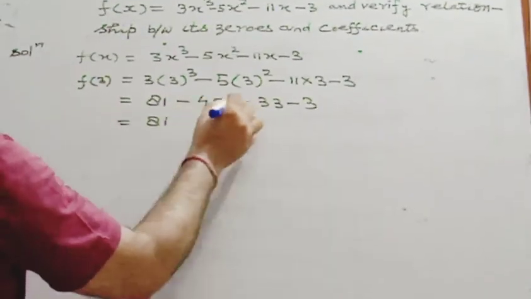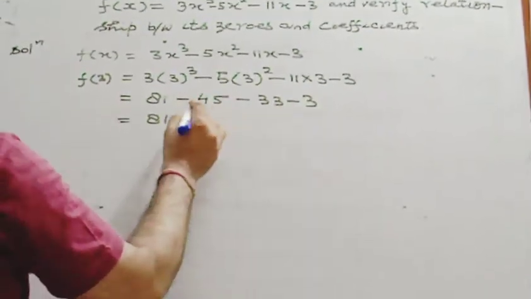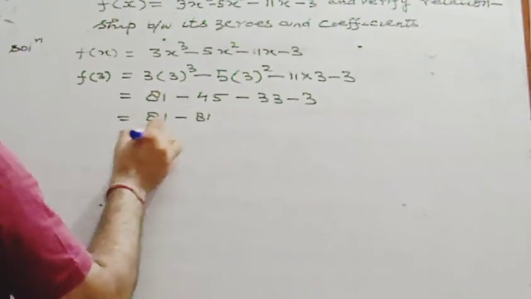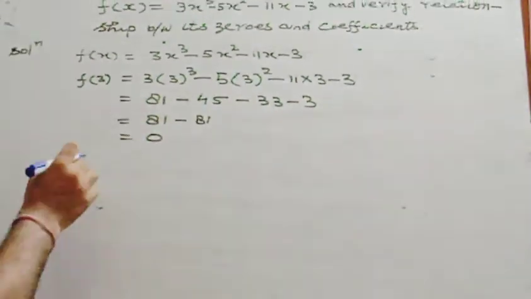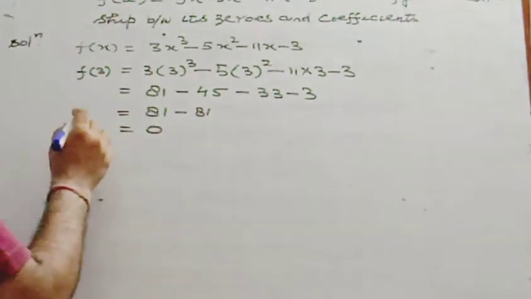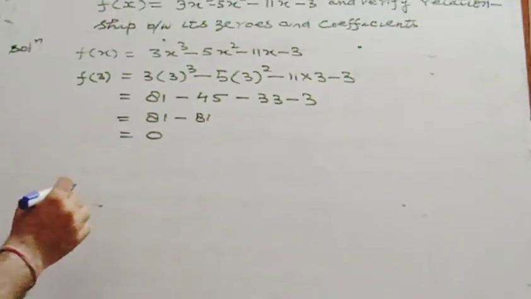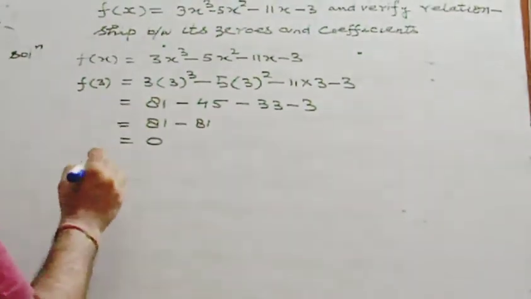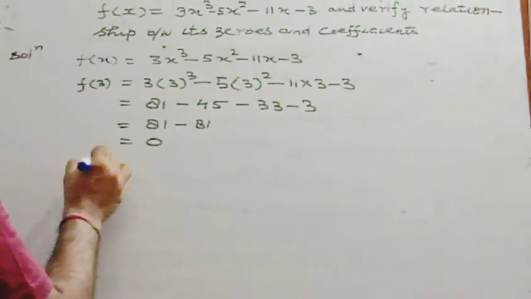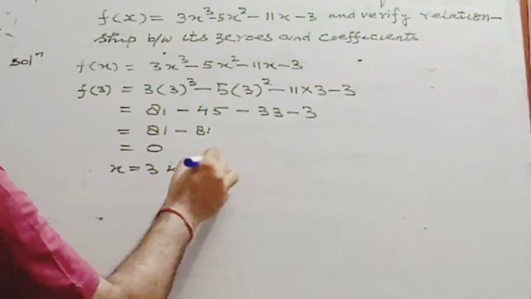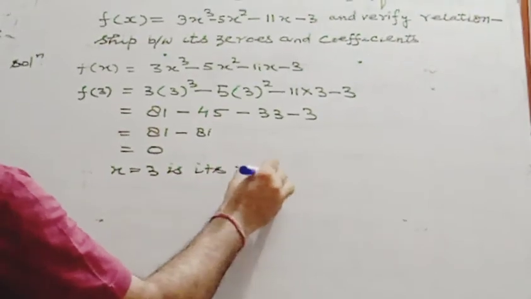All these are minus numbers, so we add them together, it is 81, and we get 0. By the factor theorem we know that if f(alpha) is equal to 0, then alpha is a zero of the polynomial. So x is equal to 3 is its zero.